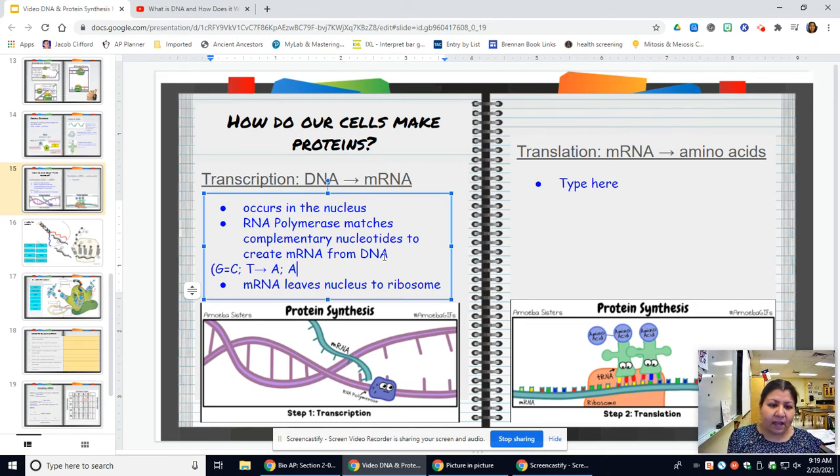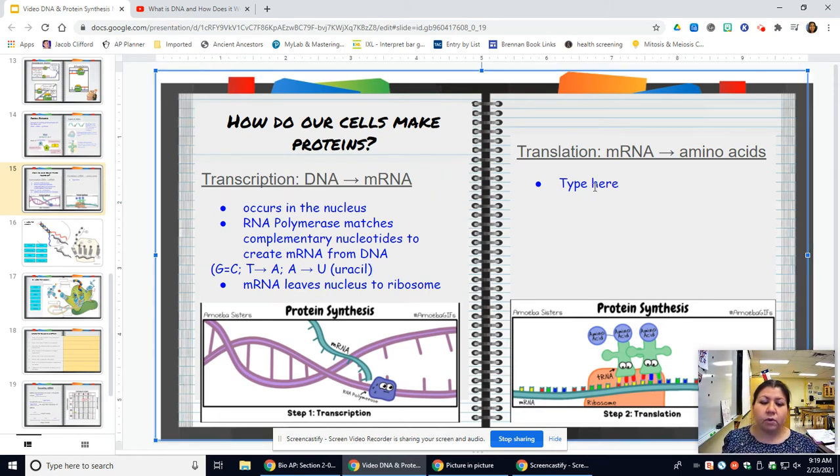But if you have A on the DNA, you're going to get U, which is for uracil, on the RNA. Remember, RNA does not have thymine, it has uracil. So that's transcription. We'll practice that a little bit later on.